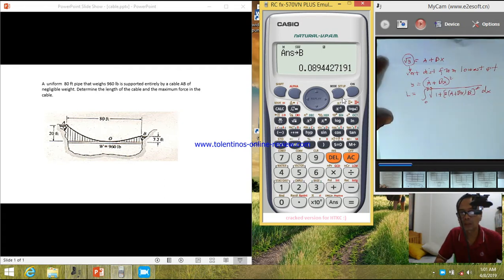Then go to mode 1 and integrate that: square root of 1 plus 2 times B times (A plus Bx), and then squared, limit from 0 to 80.